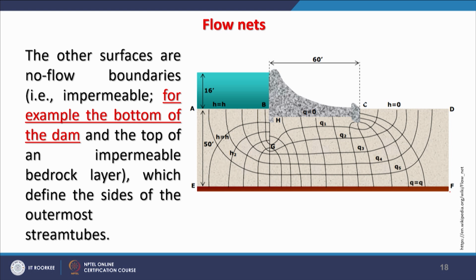Here also the impermeable part is shown. For example, the bottom of a dam and the top of an impermeable bedrock layer define the sides of the outermost stream tubes. Here also you can see the outermost stream tubes. We are basically seeing this in section form.